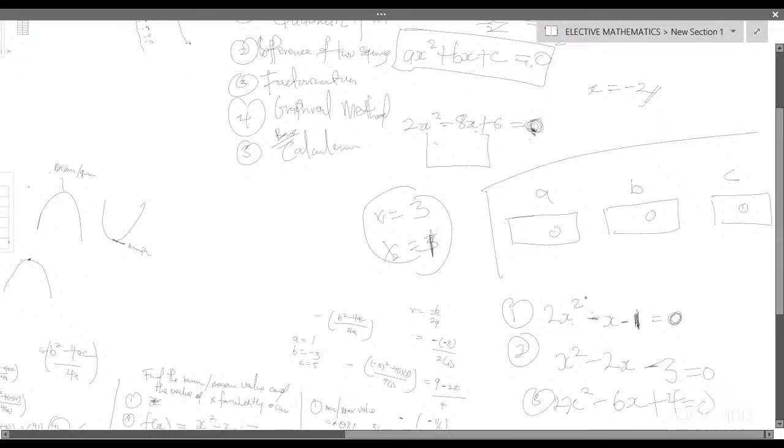Okay, the first one. For the first one, I had the first value of x to be 1 and the second value to be negative half. The second question.